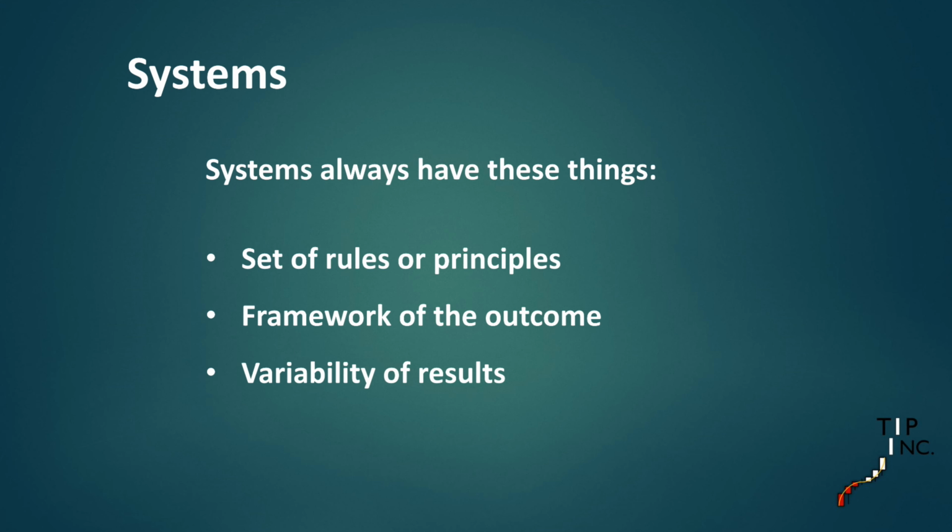And systems always have three things. You're always going to have sets of rules or principles. There's always going to be a framework of the outcome, and there's always going to be a variability of results. And these are important things to understand.